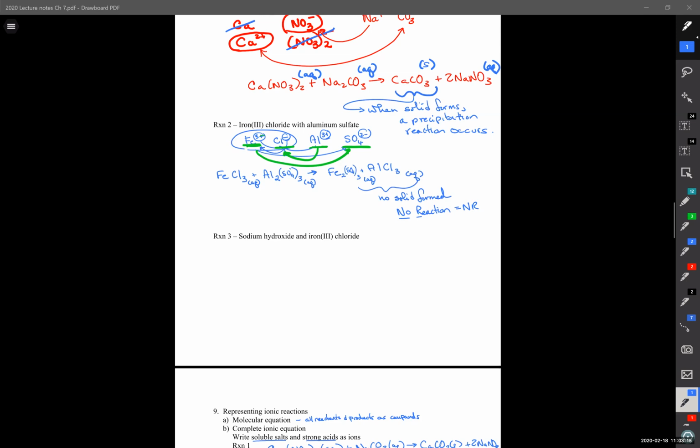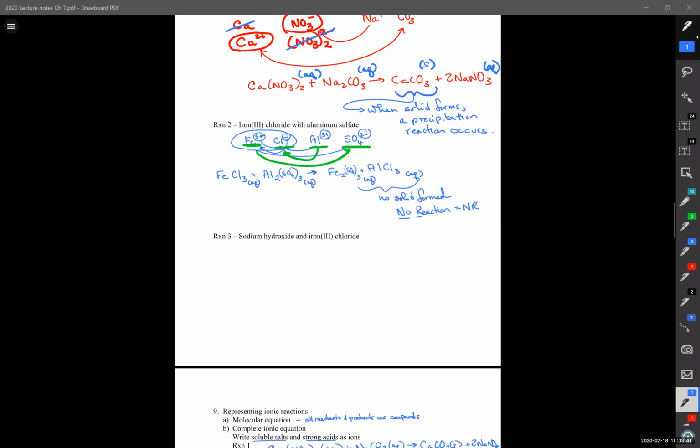Yes. Like here, we'll start with this one. So you have 3 sodium ions, and that's why it's nice to have the minus. And then 3 OH minuses, plus this is Fe3 plus, and there's 3 Cl minus.